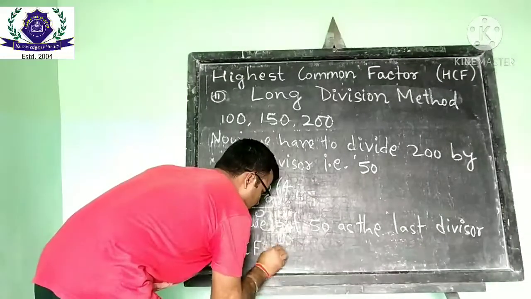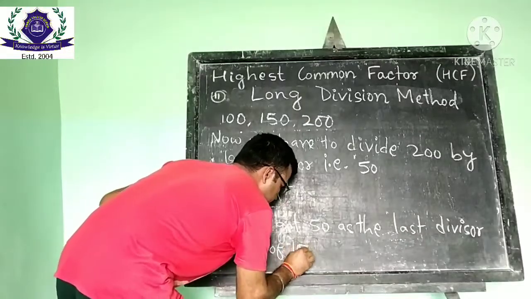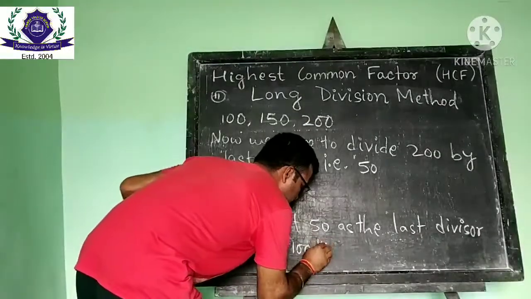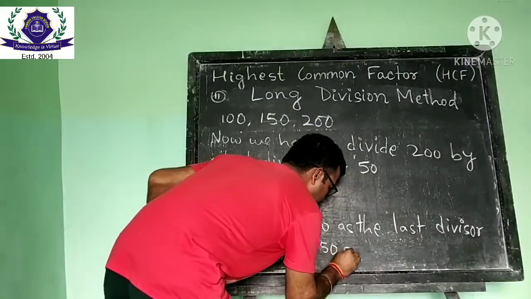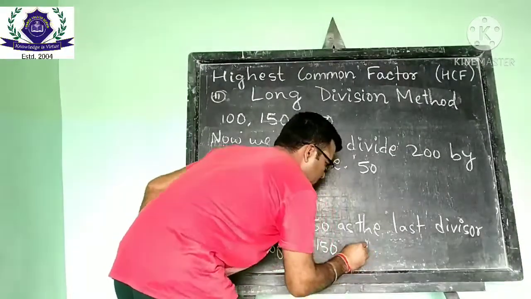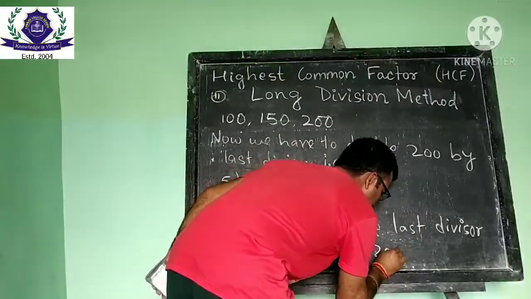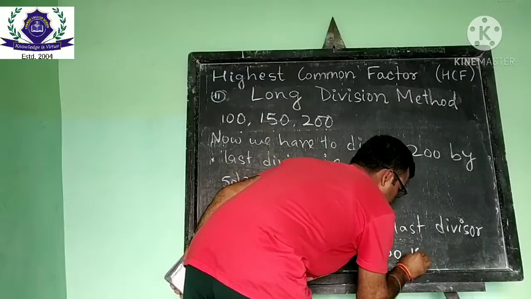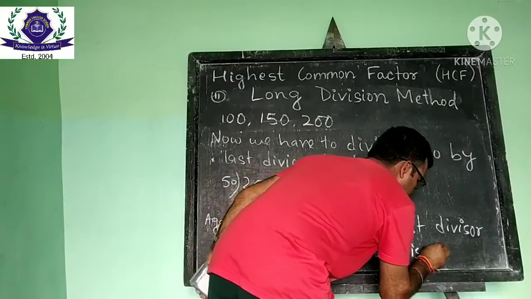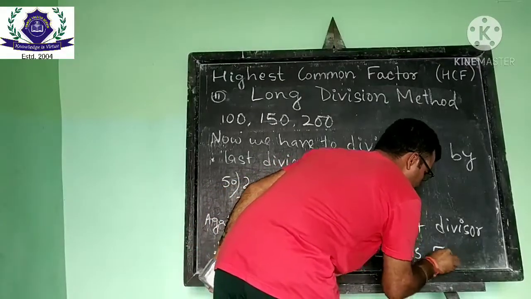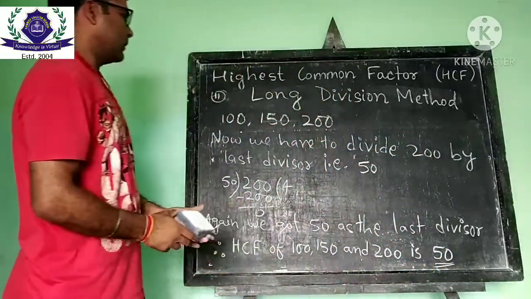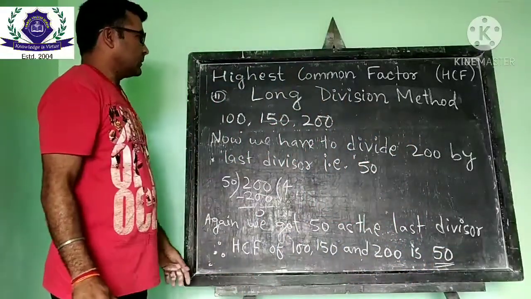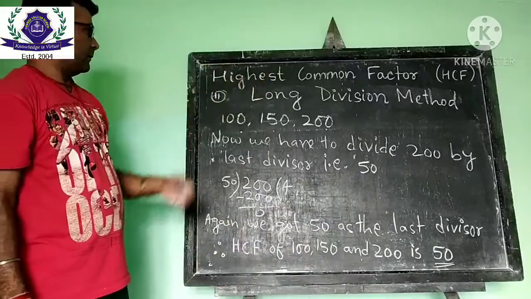HCF of 100, 150 and 200 is 50. So once again, in this process also we have got 50 as the HCF.